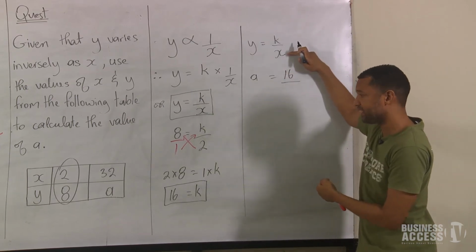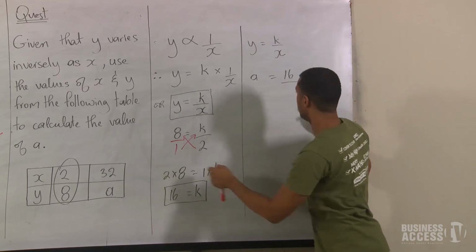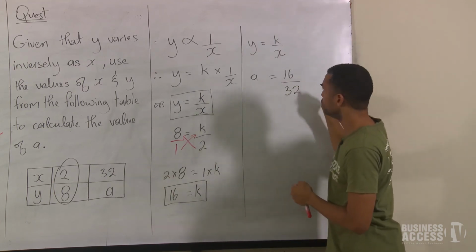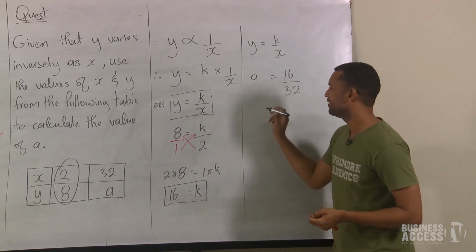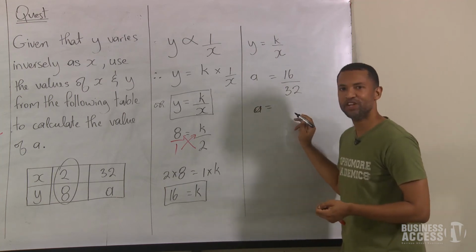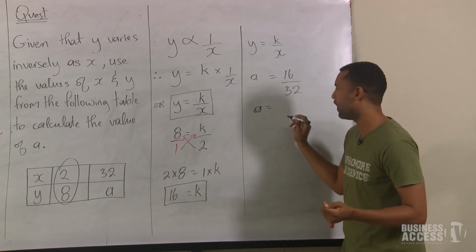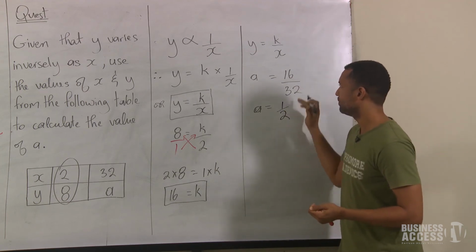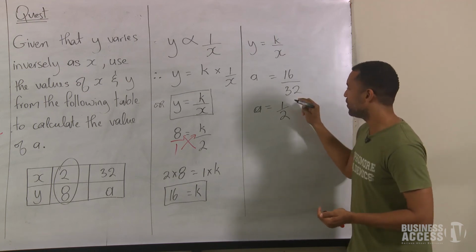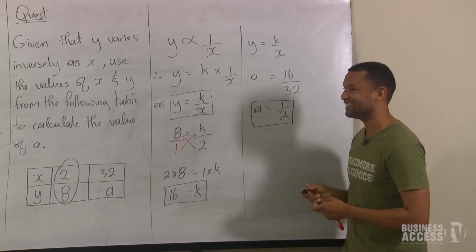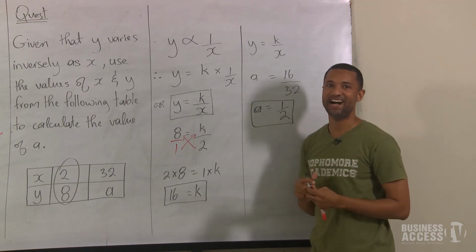The value of x, we know it to be 32. All right, so guys, this one is easy. A is therefore equal to 16 over 32, or a half. 16 into 16, 1. 16 into 32 goes 2 times. So the answer, ladies and gents, the value of a is a half.